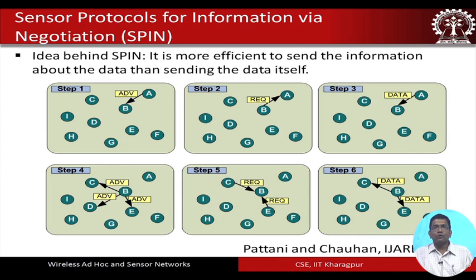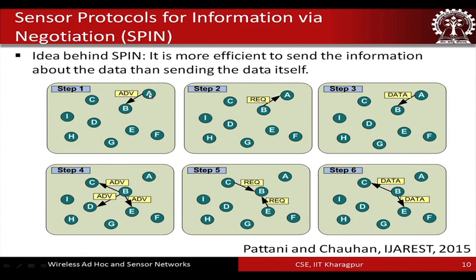In the SPIN protocol, the idea is like this: we have a set of different nodes like the ones shown over here, A, B, C, D, etc., till H in this particular example. Node A, for instance, is the source node. It is the owner of the data at some point.